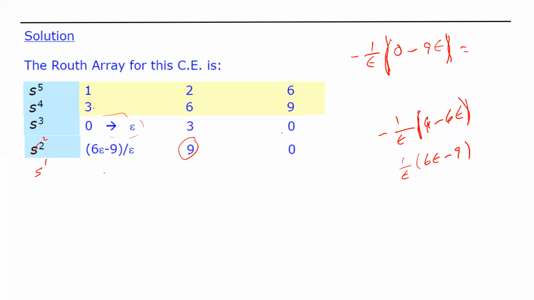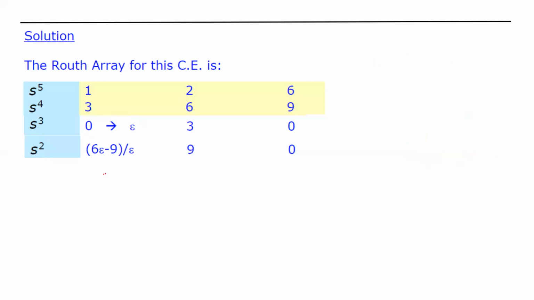So what is the element in here? Let me first clear. I need now this element. This element will be what? Epsilon. 1 over 6 epsilon minus 9 over, sorry, 6 epsilon over epsilon.